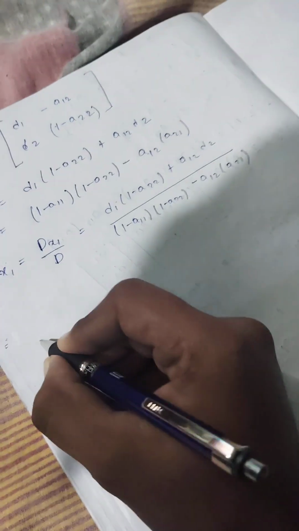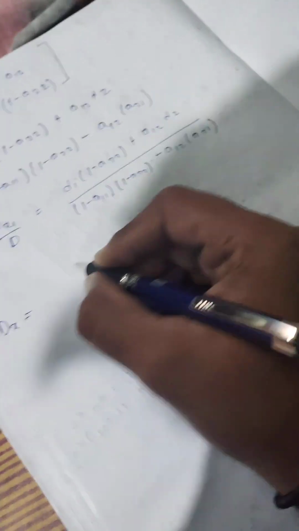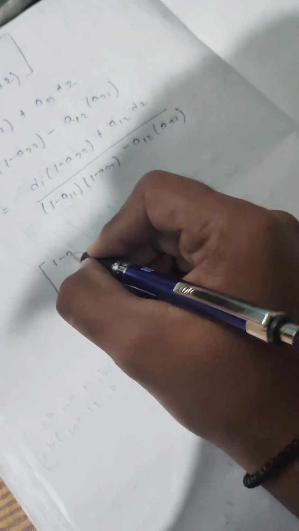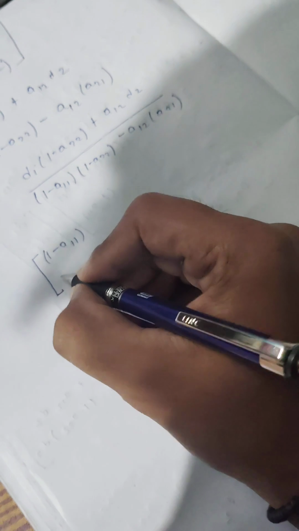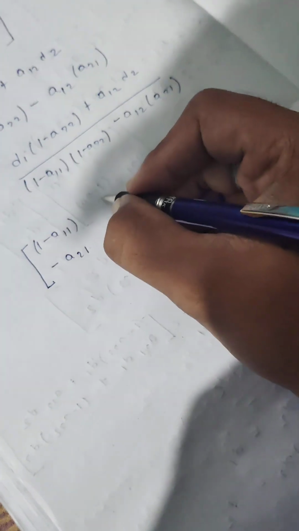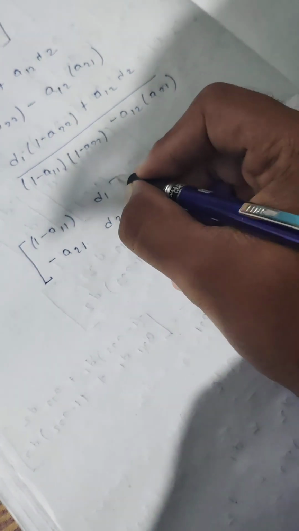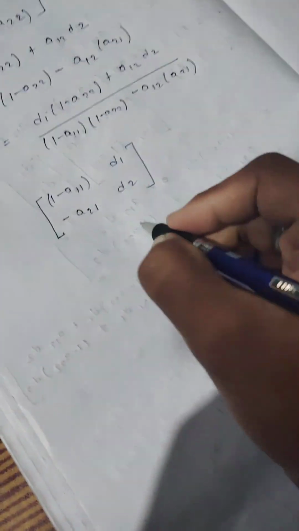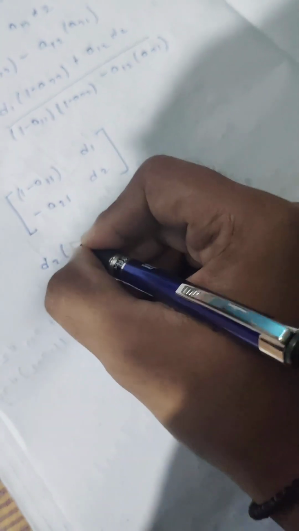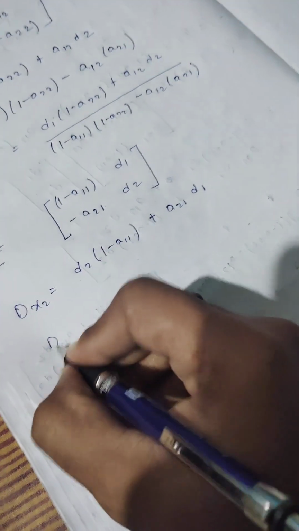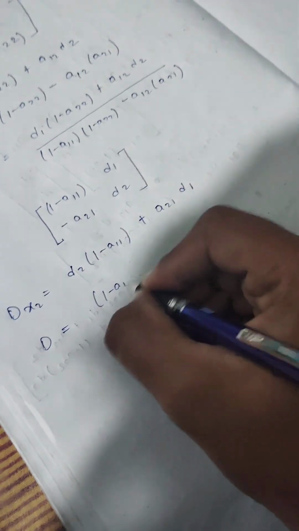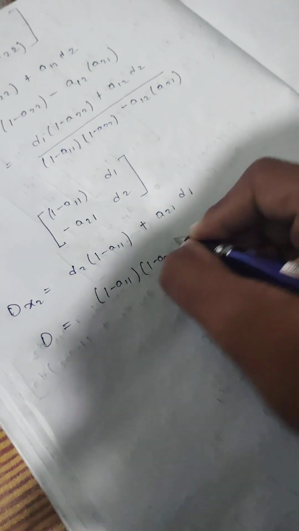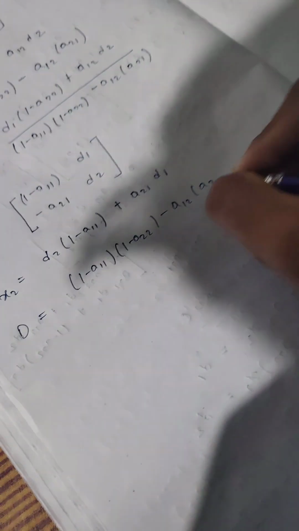Now we will take out Dx2. Replace the second column with d1 and d2, keeping 1 minus a11 and minus a21. Multiply all these terms: d2 multiplied by (1 minus a11) plus a21 multiplied by d1 gives Dx2. So we found Dx2, and D you already know: (1 minus a11) into (1 minus a22) minus a12 into a21.